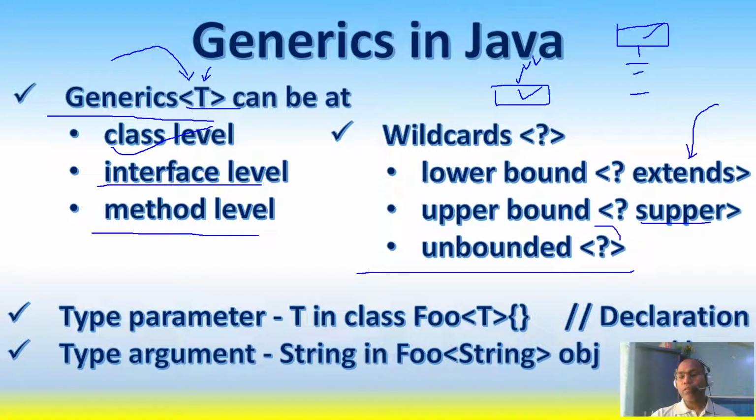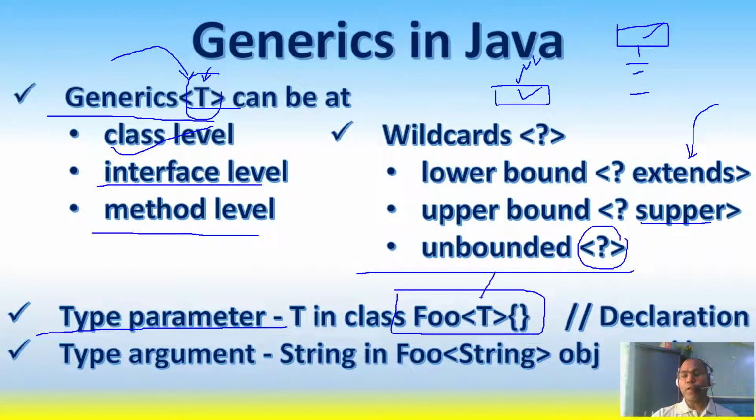This is generally used for your type parameter, this T. Whenever you declare class Foo and specify T, this is the type parameter. These are used while declaring a class.